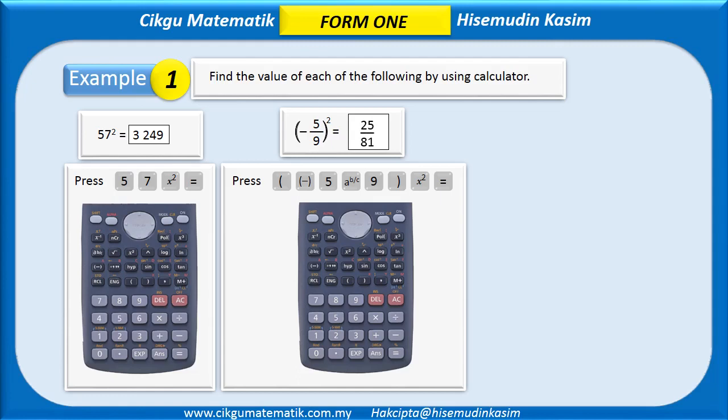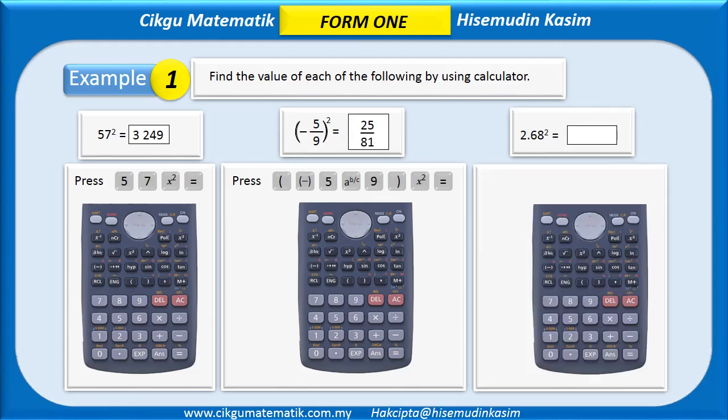The answer is 25 over 81. 2.68 squared. Press 2.68 squared equal. The answer is 7.1824.